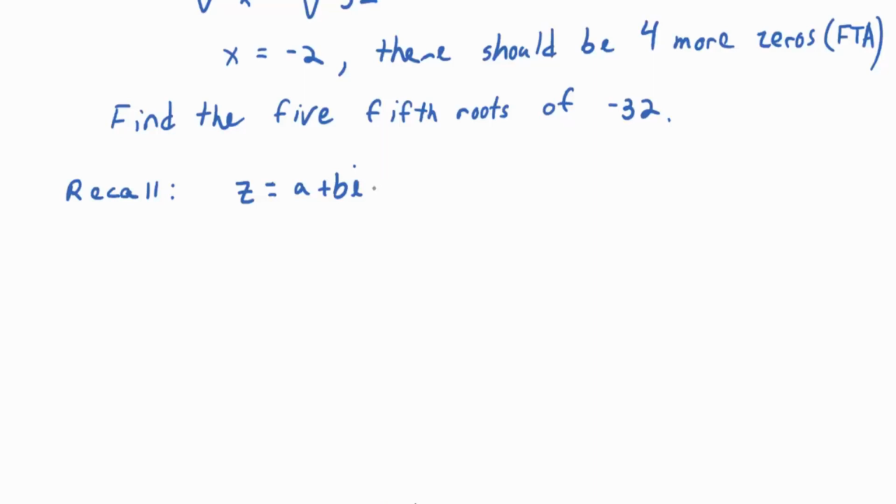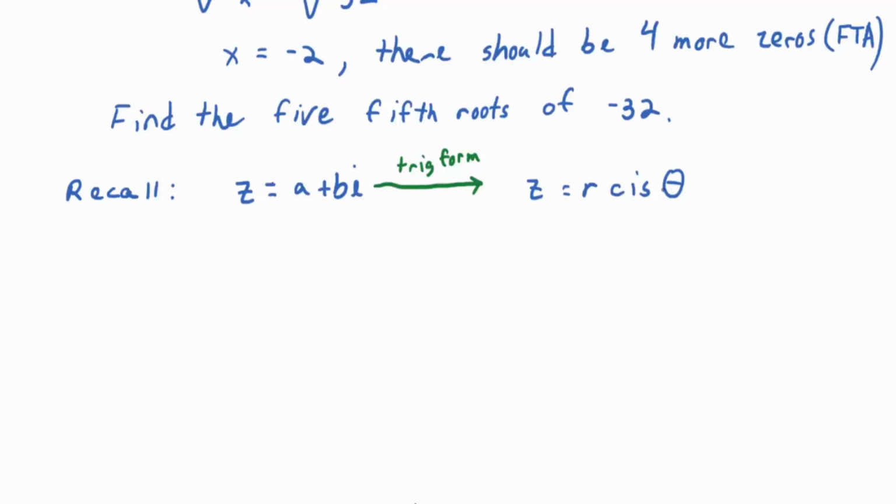In trig form, it can be written as z equals r cis theta. Remember that? Where cis stands for cosine theta plus i sine theta. Now r is the absolute value of z, which is the square root of a squared plus b squared. That's how it relates to the a plus bi form, right? And theta is the direction angle when you graph a plus bi in the complex plane.